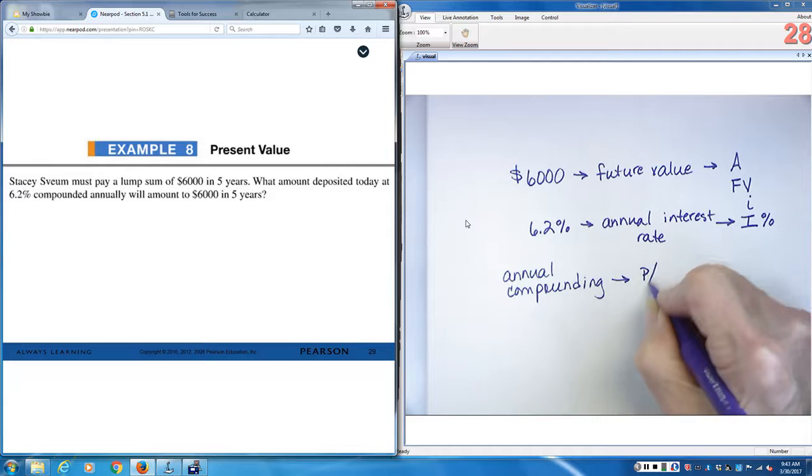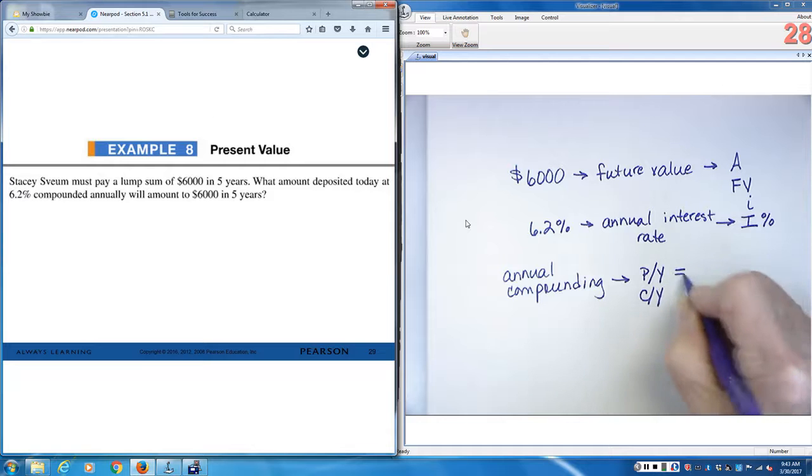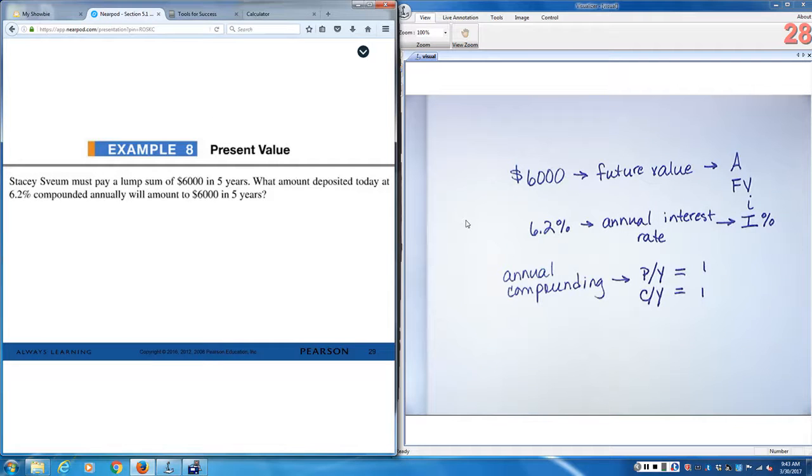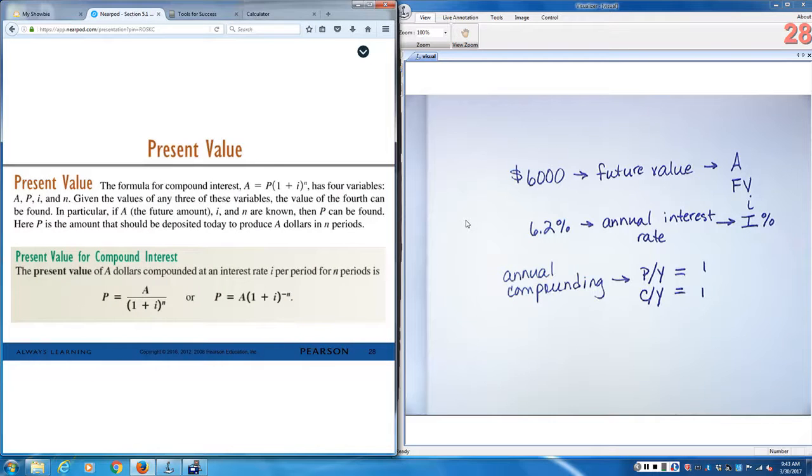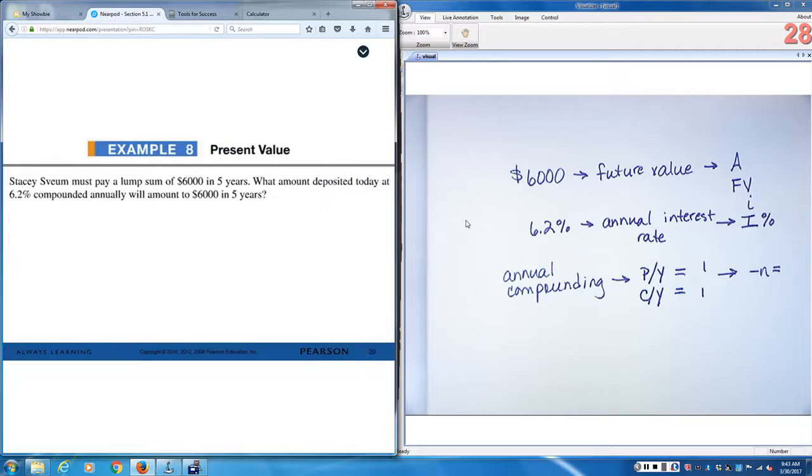So your payments per year and your compoundings per year are both going to be 1 for once a year. In your formula, that's negative N. And it says in 5 years, so you're going to have 5 payments and 5 compoundings.